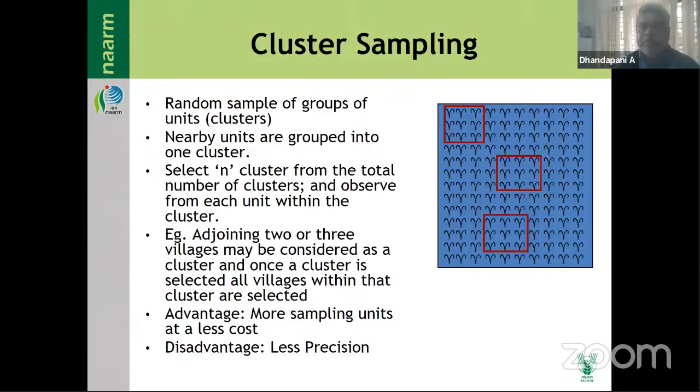Once you say that these 3 or 4 are going to be one cluster, you select clusters, not individual villages. Once you have selected the cluster, all units in that cluster are automatically selected.